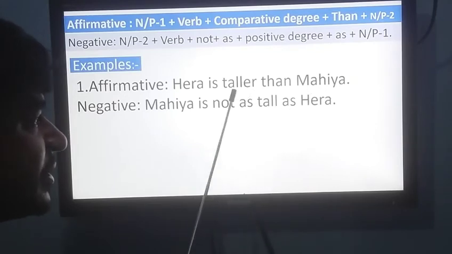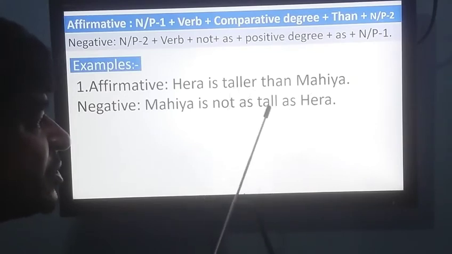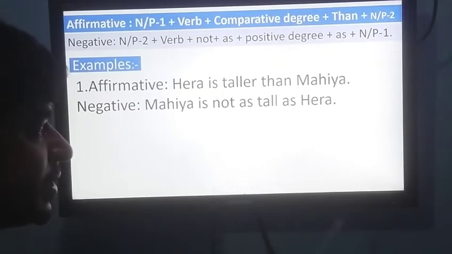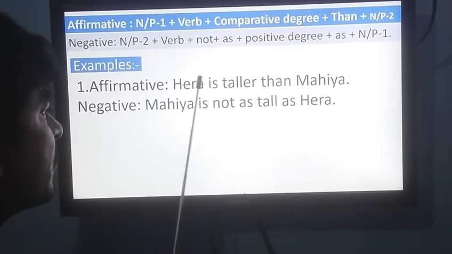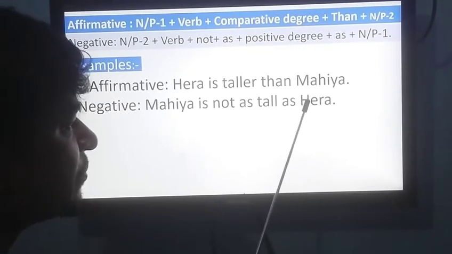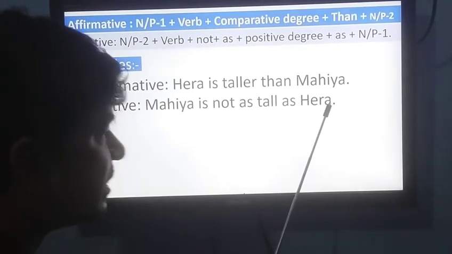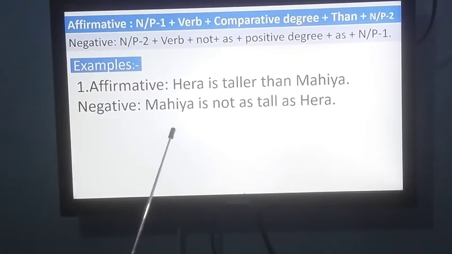So taller is the comparative degree and tall is the positive degree of this word, and "as" has been used here again, then noun pronoun 1, Hira. So Mahia is not as tall as Hira.